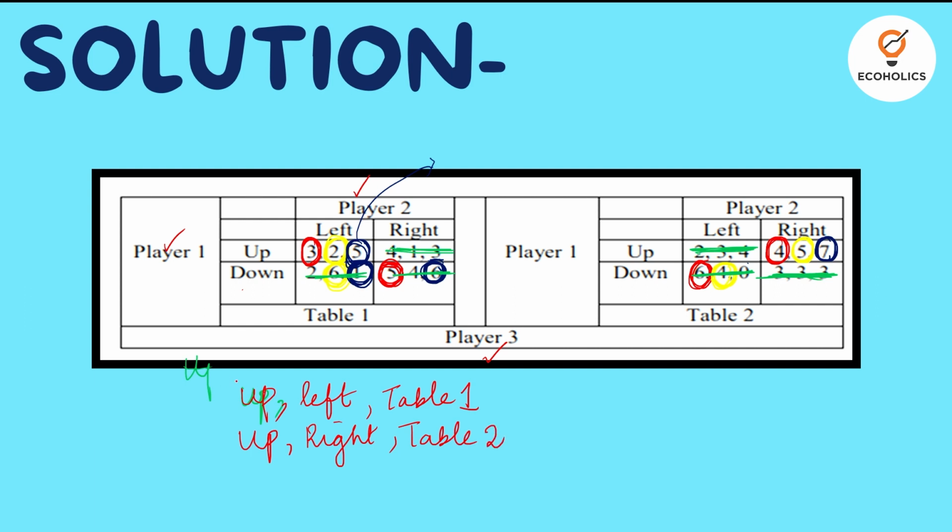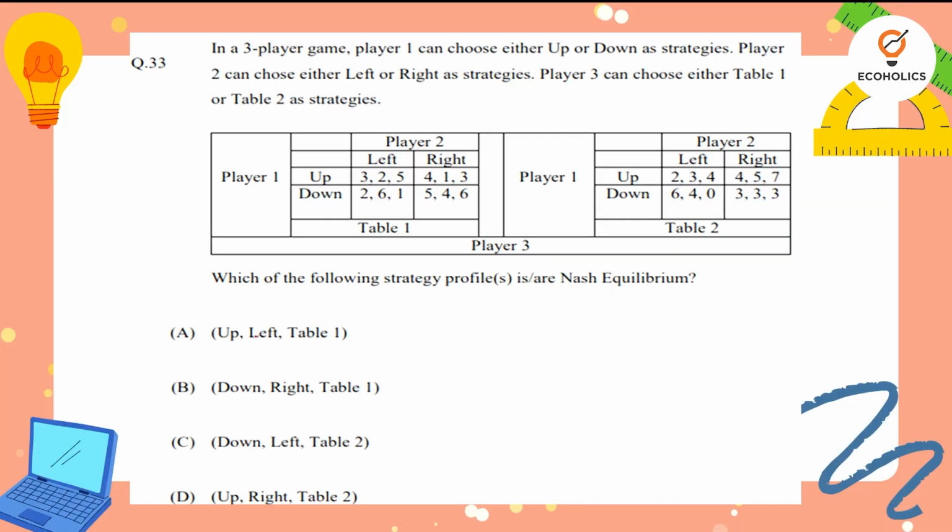So you have to check in the question whether you have both of these or any one of these. So going back, up left table 1, yes, mark it. Down, no, there is no down optimal strategy for player 1 in the Nash equilibrium, so cancel them. Up right table 2, yes, you did get up right table 2, correct?